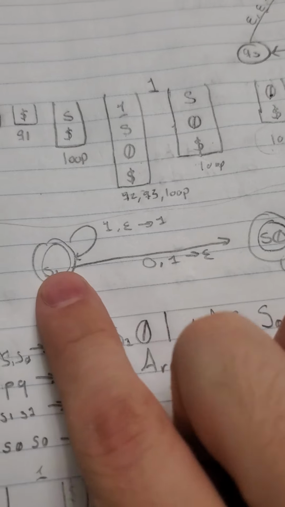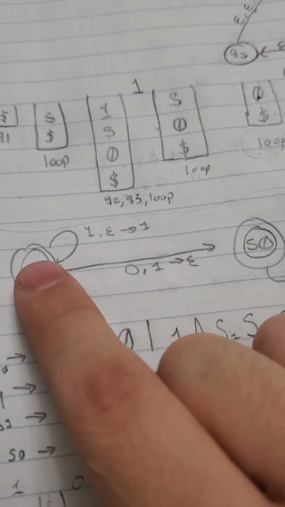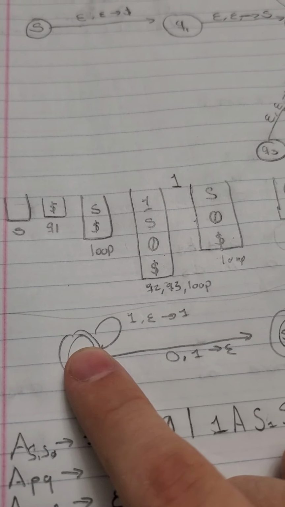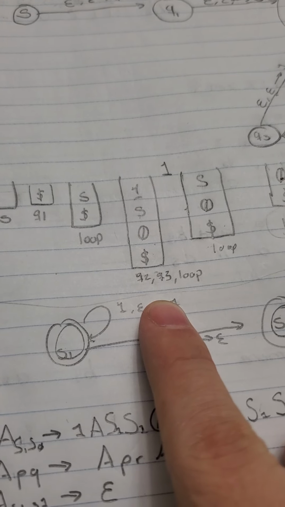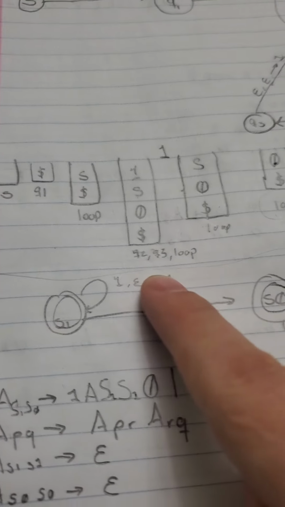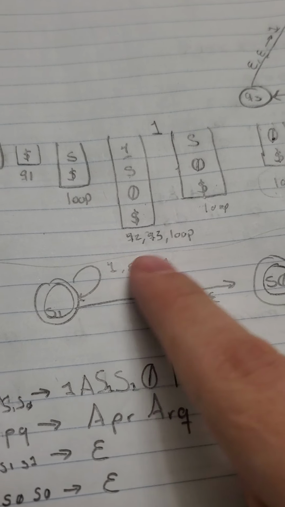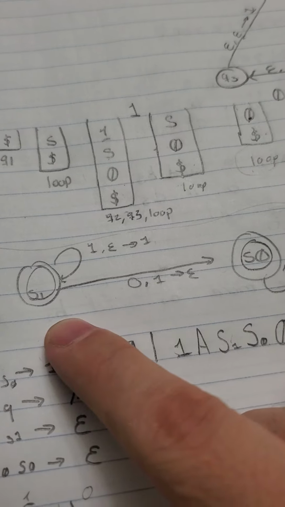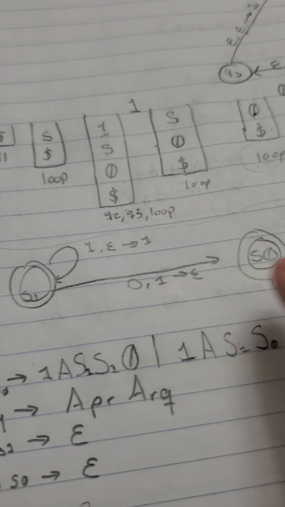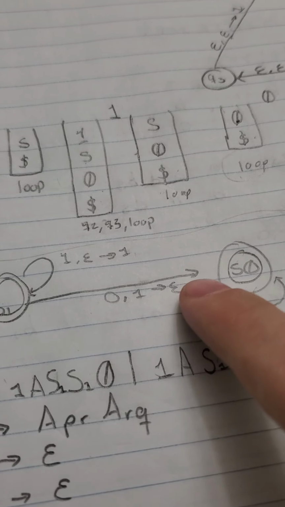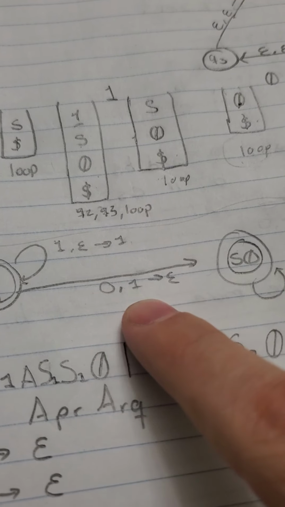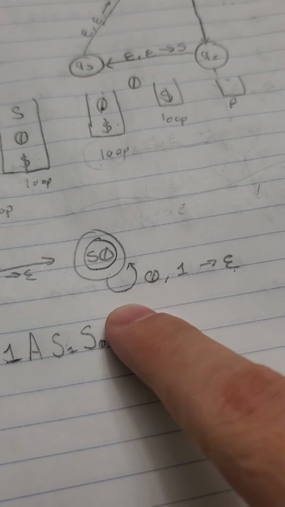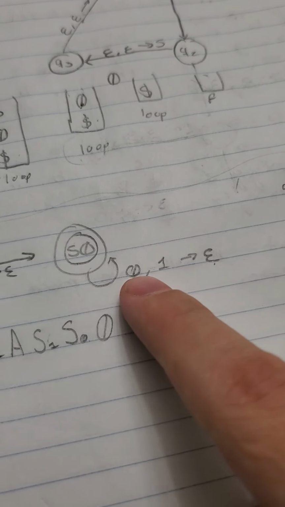When we're in S1 to S1, we should be pushing 1 to the stack. When we see a 1, we push 1. When you go from S1 to S0 and you see a 0, you pop a 1. And in S0, when you see a 0, you pop a 1.